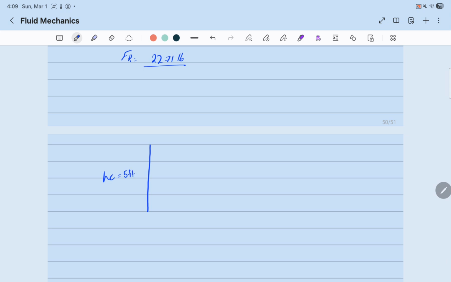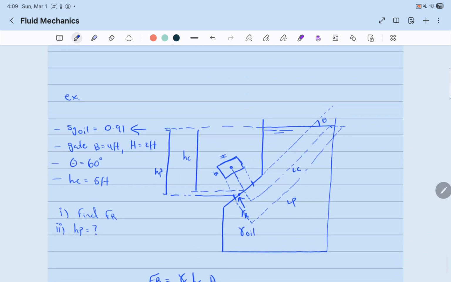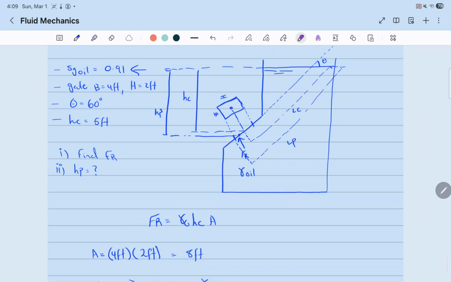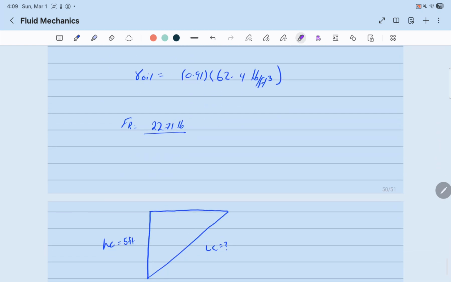The depth from the level of the fluid to the centroid, and the inclined length from the centroid to the level of the surface, that's LC, which we need to find. And the angle of inclination here is the same as the angle of inclination here, which is given to be 60.